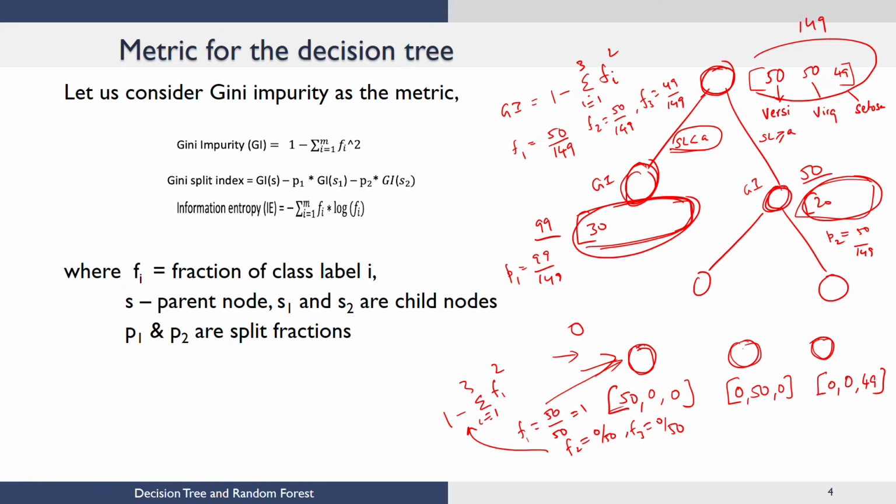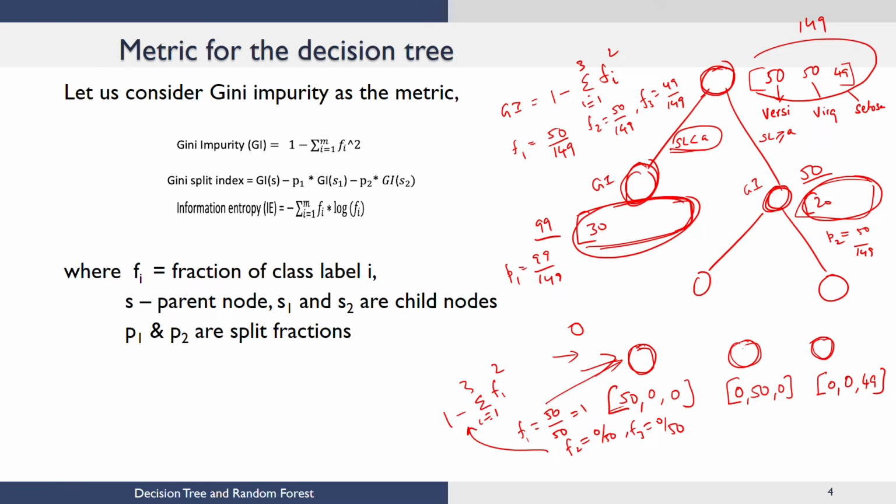So ideally if I could split in such a way that the two children nodes that come out of this main node have Gini impurity of 0, that would be the best solution, in which case the Gini split index will be the Gini impurity value of the original node, because this will be 0, this will be 0, right. So that is the best solution. So actually the split index should be as high as possible, which basically means that these values are as low as possible. So these have low impurity or they are as close to pure sets as possible.